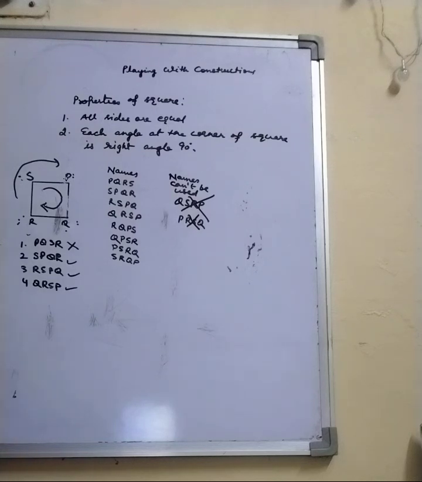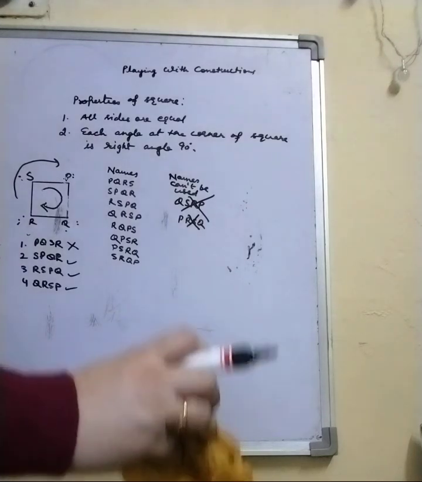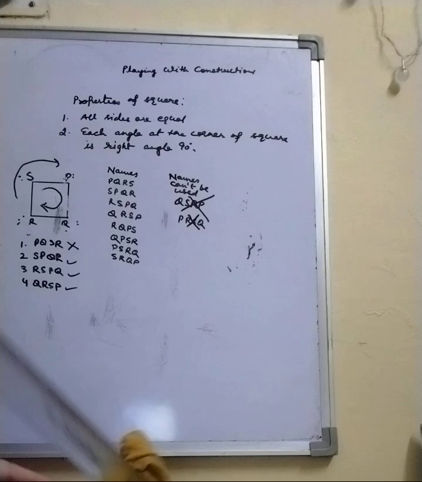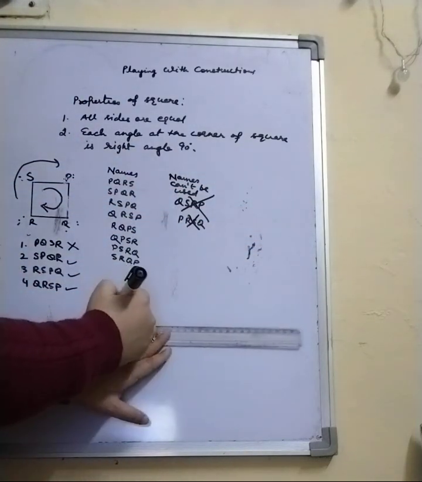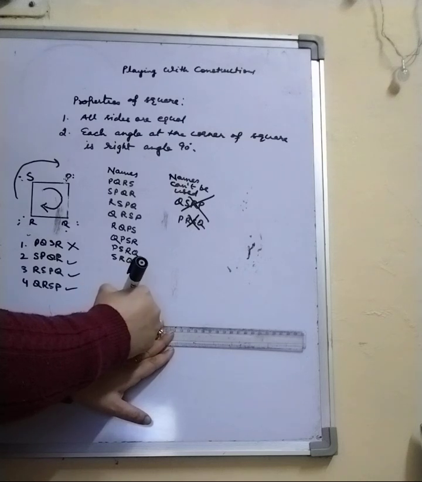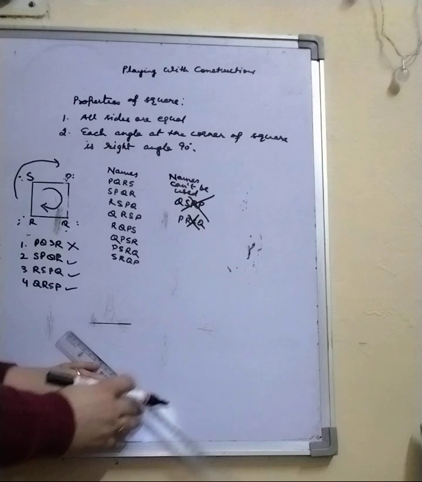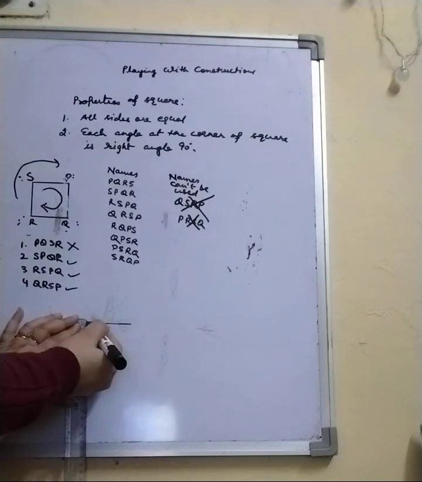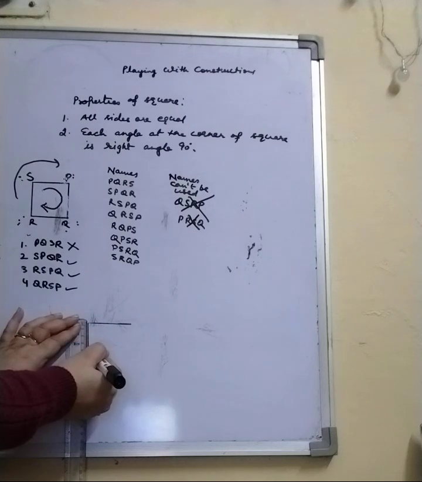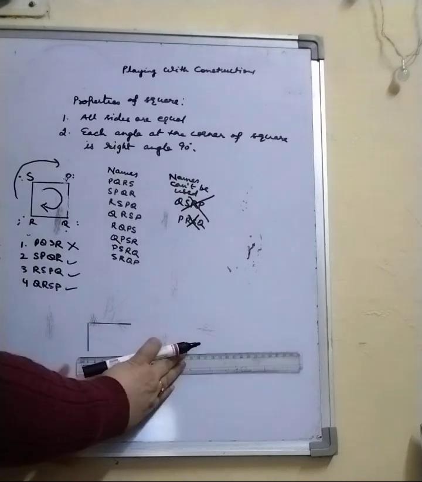Now next is rotated squares and rectangles. Similarly, you can do it for rectangles. Now what are rectangles? Suppose I make a line segment of 6 centimeter and another line segment of 4 centimeter.